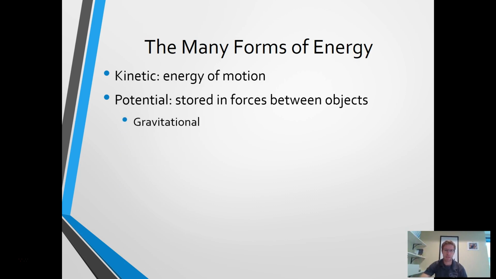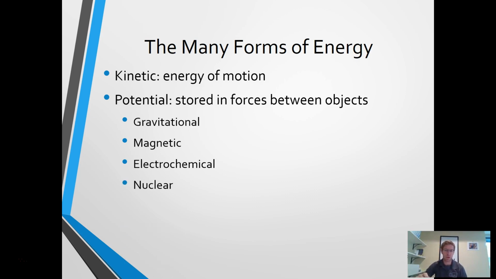All right, so some examples of potential energy: gravitational potential energy, that's stored energy as a result of the gravitational force. There's magnetic potential energy, energy stored as a result of forces from magnetic fields. You have electrochemical energy, which is like the energy you'll find within batteries as a result of electrochemical interactions and forces.